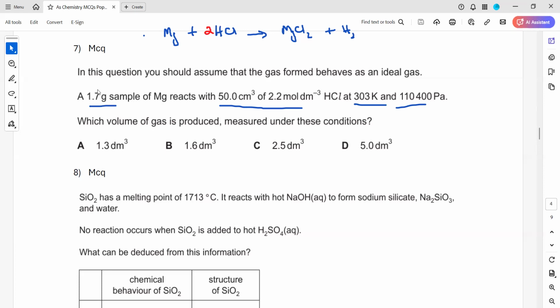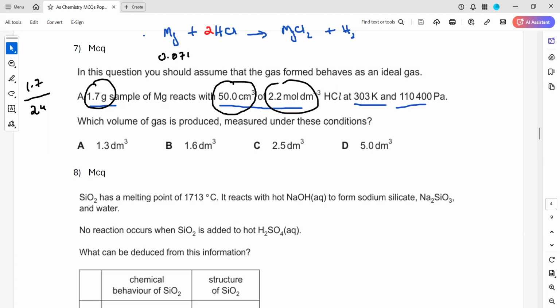Now, how many moles of magnesium are there in 1.7 grams? It will be 1.7 divided by the relative atomic mass of magnesium, 24. So 1.7 divided by 24. What's the answer? 0.071. For the moles of hydrochloric acid, we have the volume and the concentration.